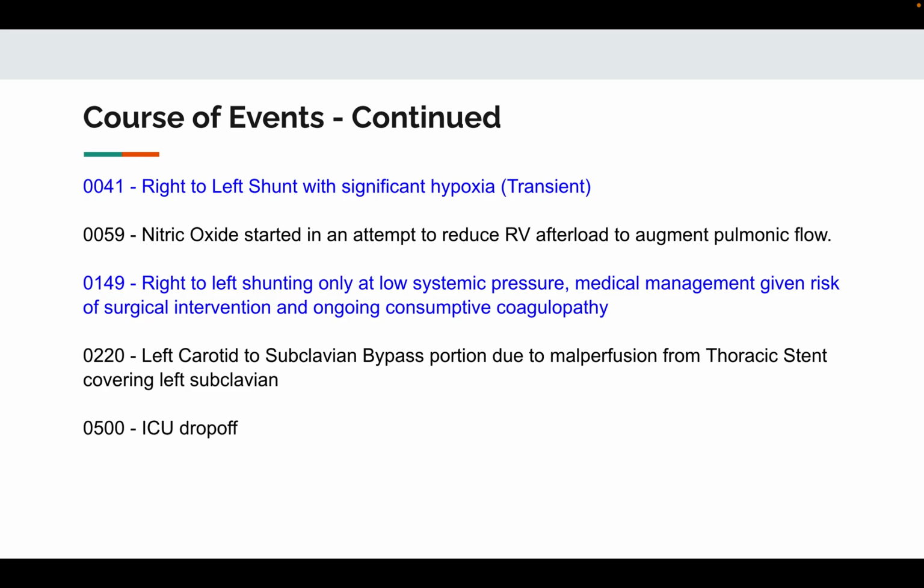I think that this was the best option for the patient, because if we had another pump run, opened up the heart again, and repaired the ASD primarily, I don't think the patient would have ultimately been able to get out of the operating room from coagulopathy.